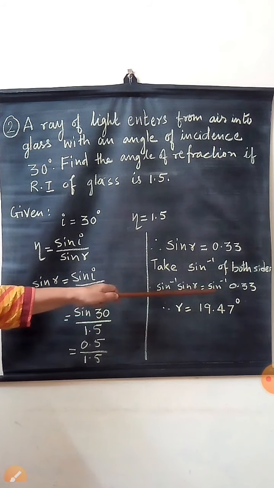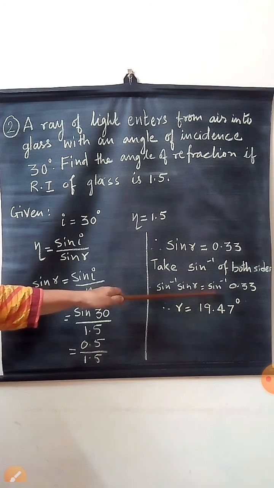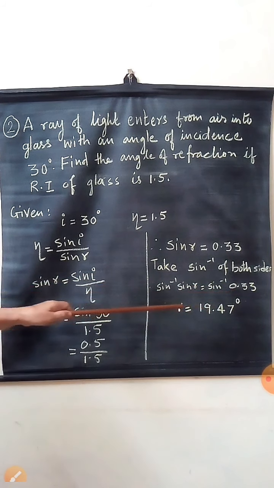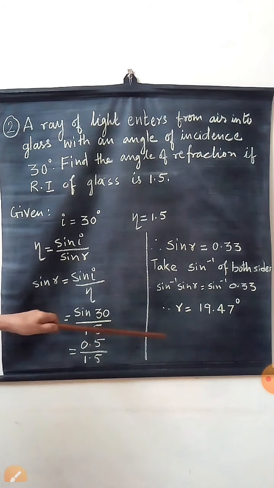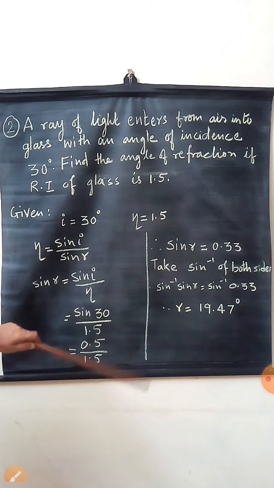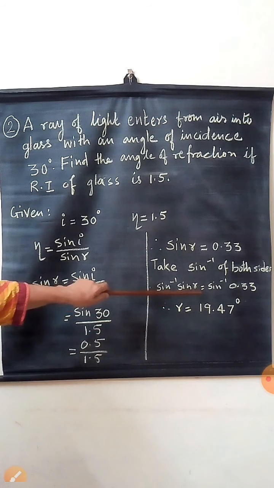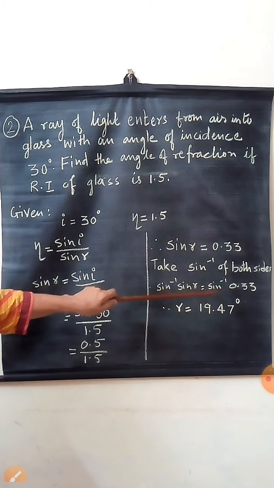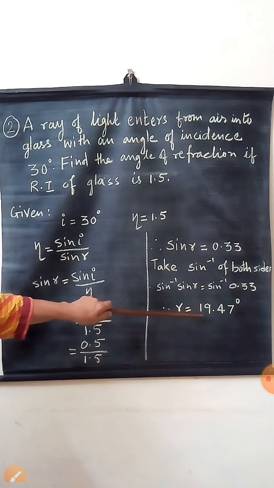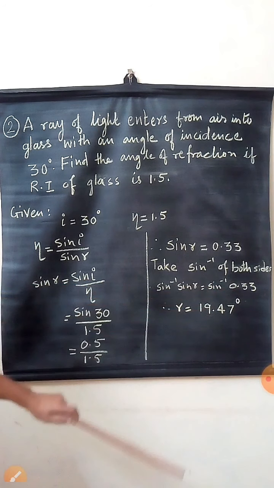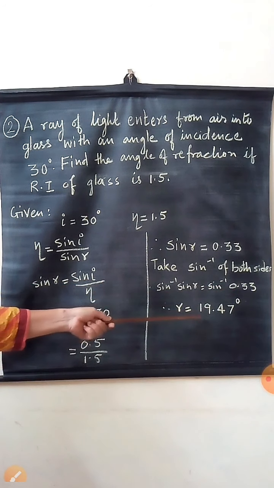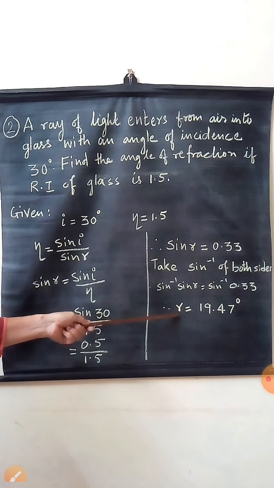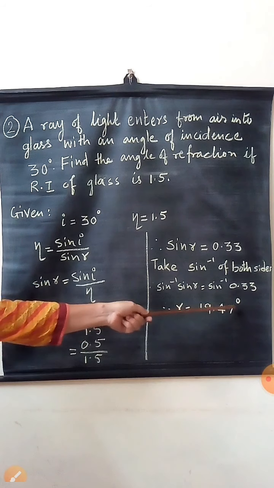Now to calculate sine inverse, you are again going to use your calculator. Use the shift button and the sine button to get sine inverse of a value. So sine inverse of 0.33 is 19.47. This value of angle of refraction will have the unit degree.